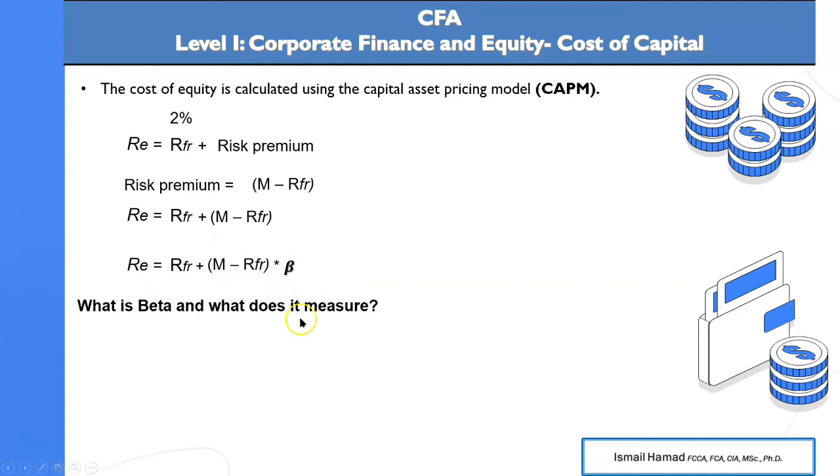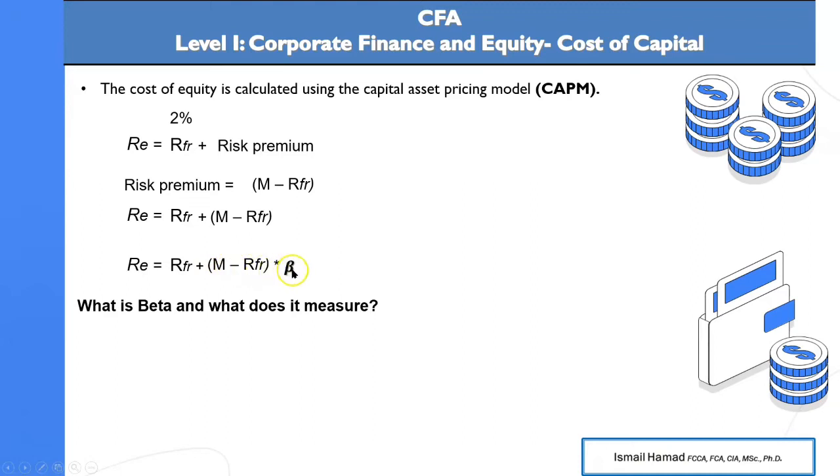But what is beta? Beta, as I said, measures the risk specific to that company. If that company's risk is more than the market, it will be more than 1. If it is less risky than the market, a stable company with a stable cash flow in a mature industry, it has a monopoly, so many factors, then it will be less risky than the market.